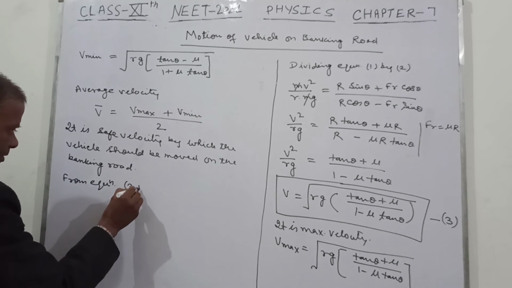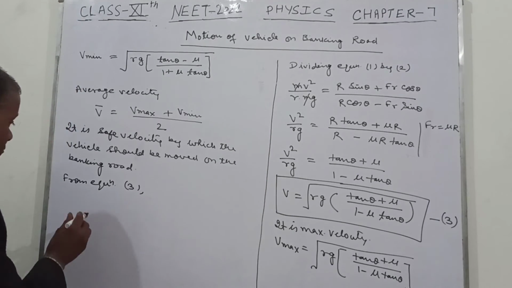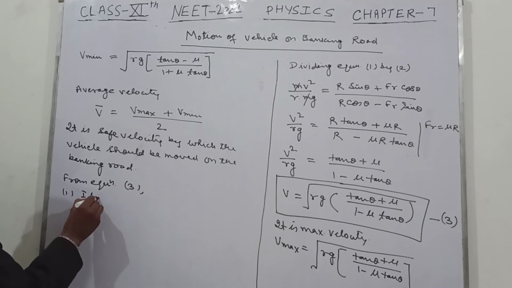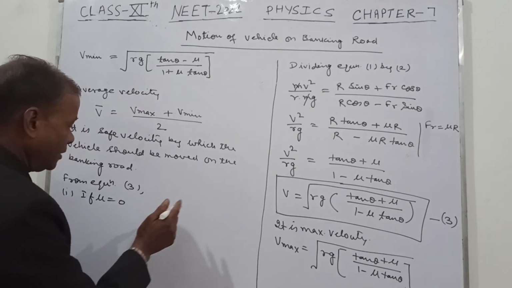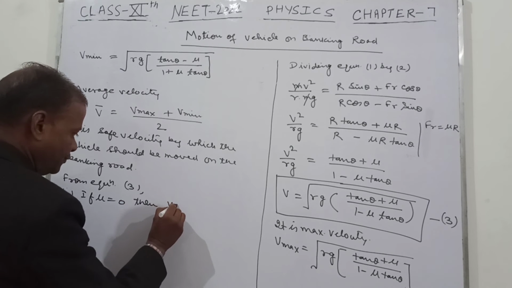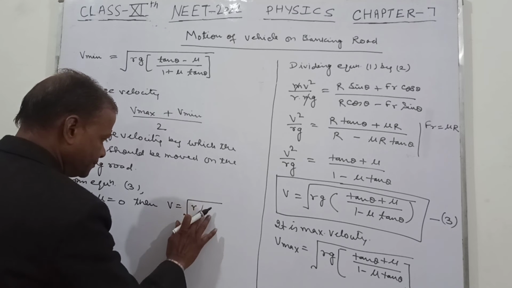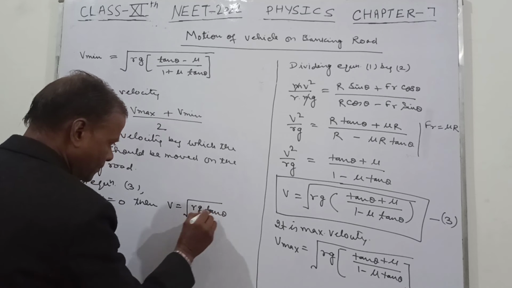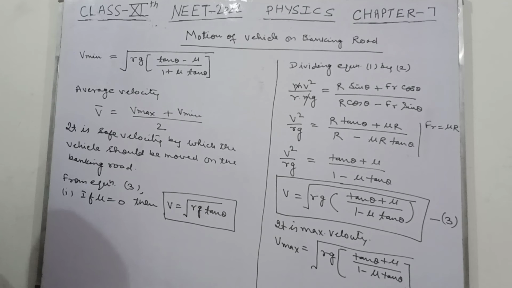From equation 3, if this mu is equal to 0, this means there is a frictionless road, then what will happen? This v equals square root of rg tan theta. This I have told you earlier.